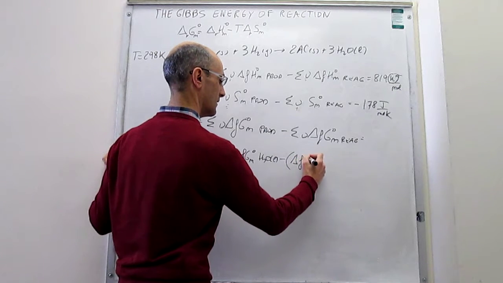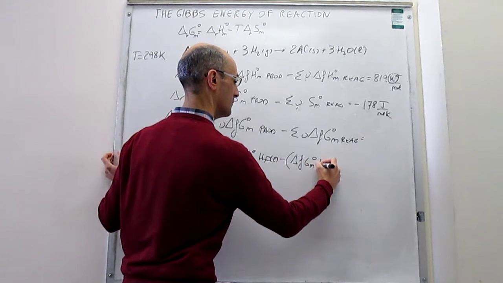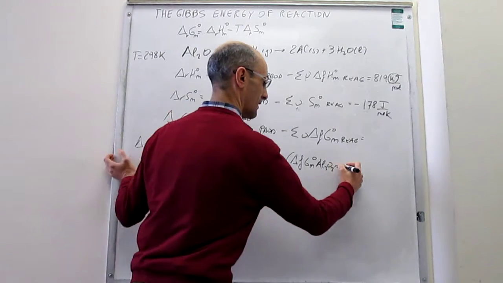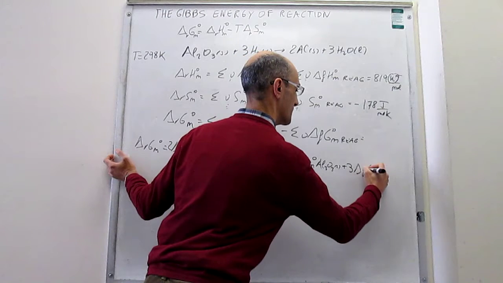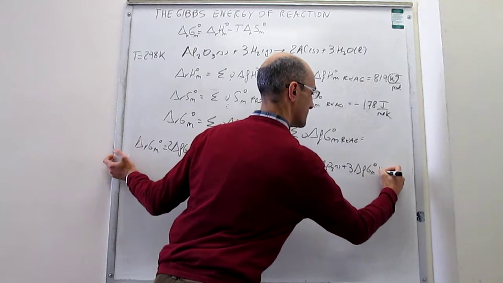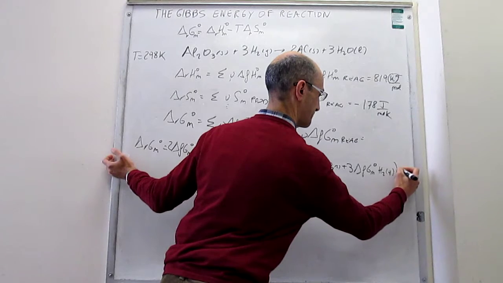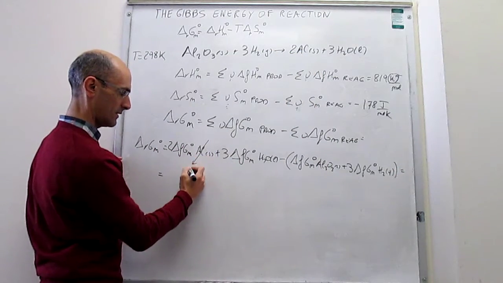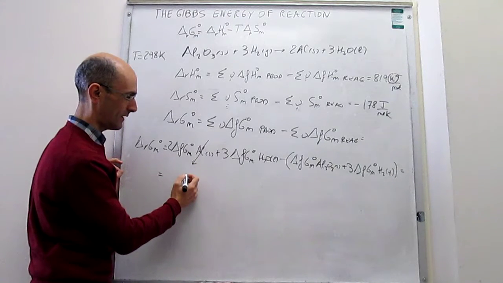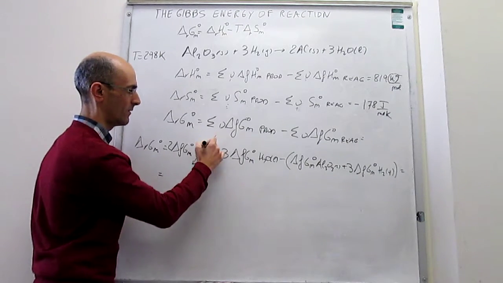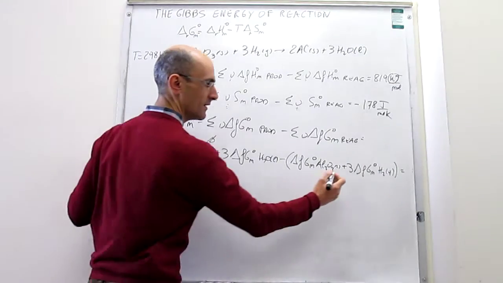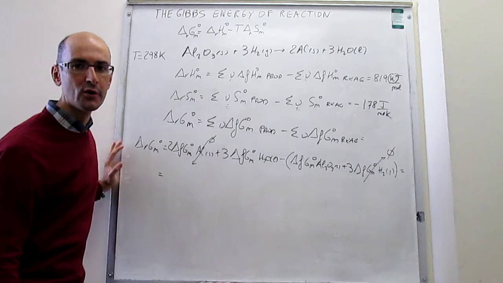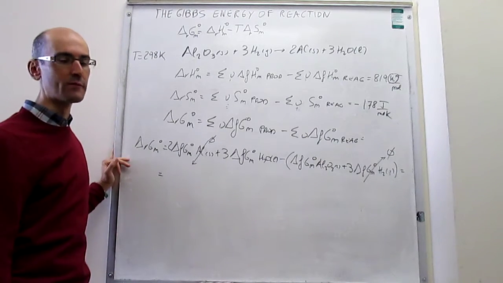That will be the Gibbs energy of formation of alumina, which is solid, and 3 times the Gibbs energy of formation of hydrogen, which is a gas. Aluminum is the most stable allotrope of aluminum, so that has a 0 Gibbs energy of formation by definition. The same thing is going to happen for hydrogen. Hydrogen is the most stable allotrope of hydrogen, so by definition that Gibbs energy of formation is 0.